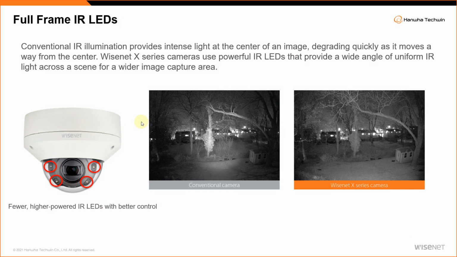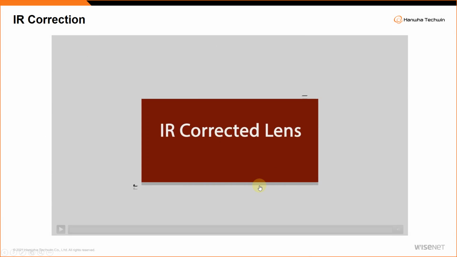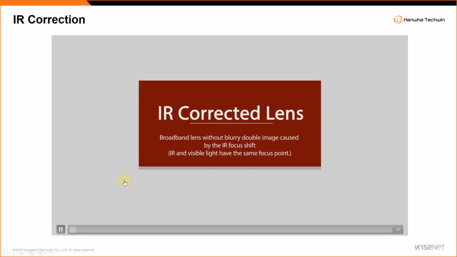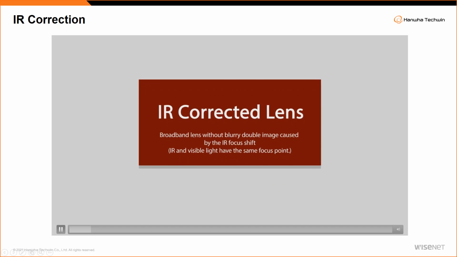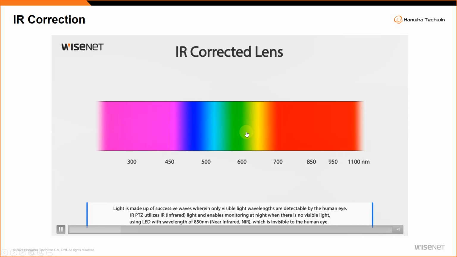Okay, then the IR corrected lens. This is not very critical for today's course, but for your information, there are two types of light important in CCTV. One is visible light and then the IR light.